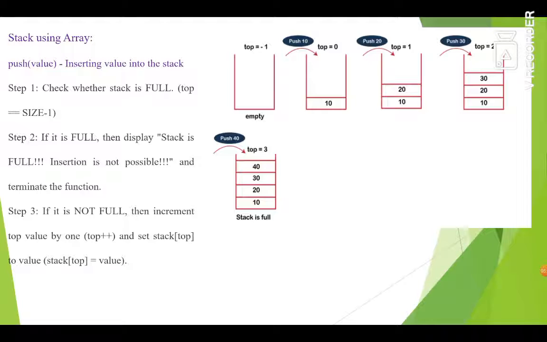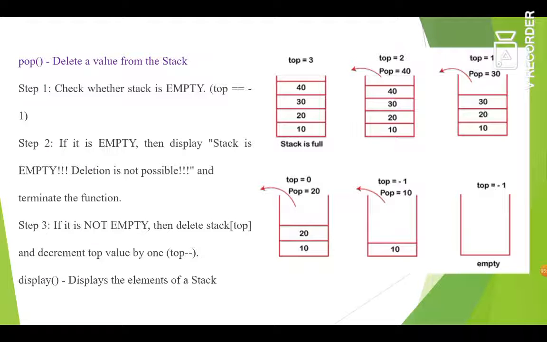That is, if the stack size is 4, you can insert only 4 elements. The index value starts from 0, 1, 2, 3. So you cannot insert one more element into the stack. That is the meaning.